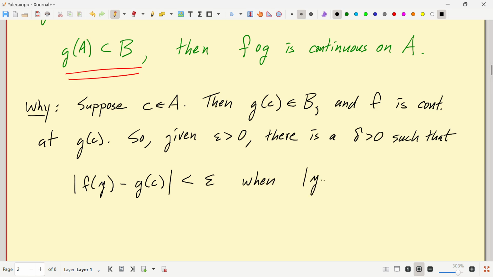y minus g of c, what am I saying? Oops, I'm sorry. This would be f of y minus f of g of c. It's continuous at g of c, so this is going to be f at g of c, when y minus g of c is less than delta.